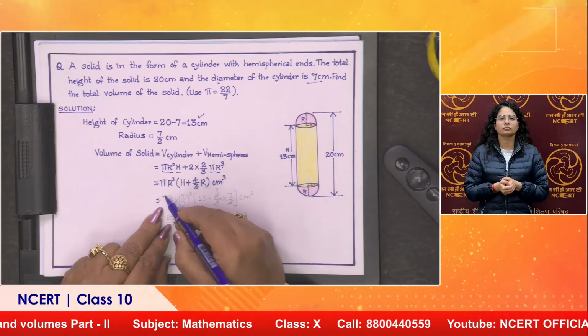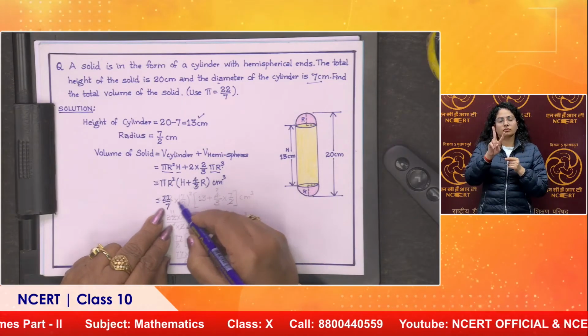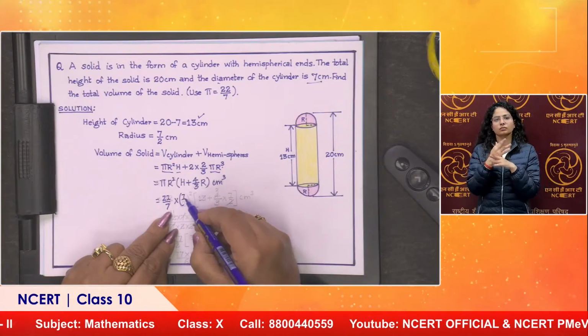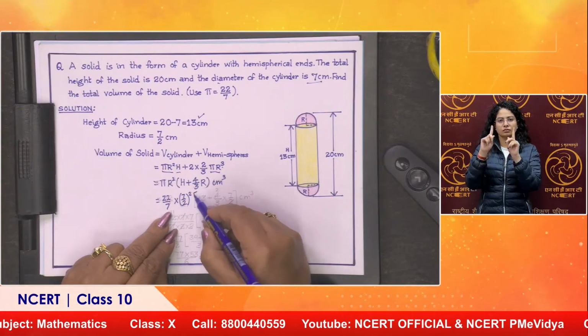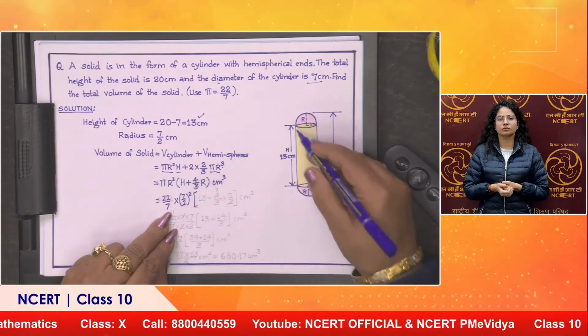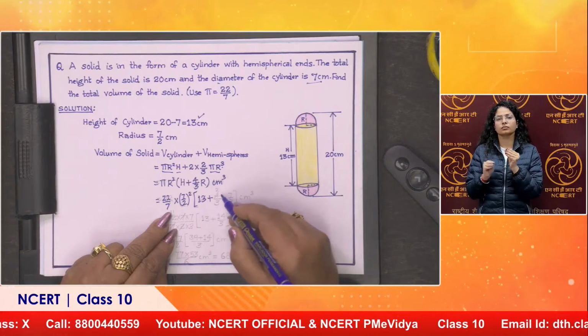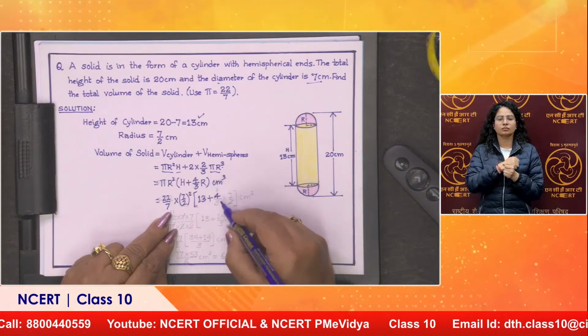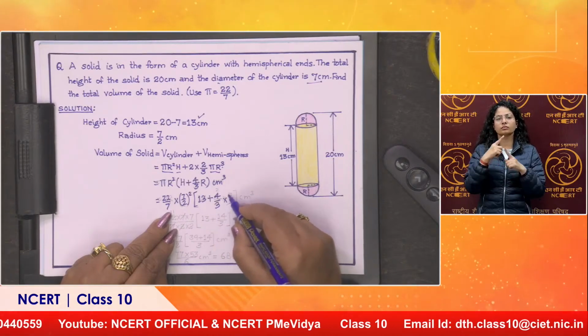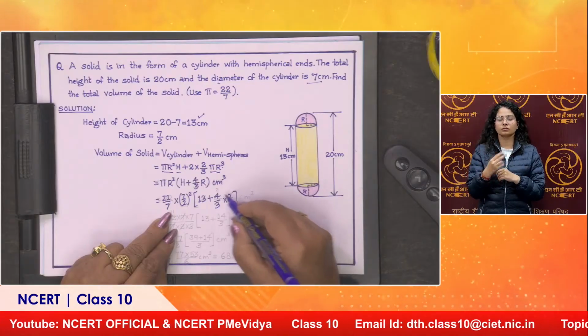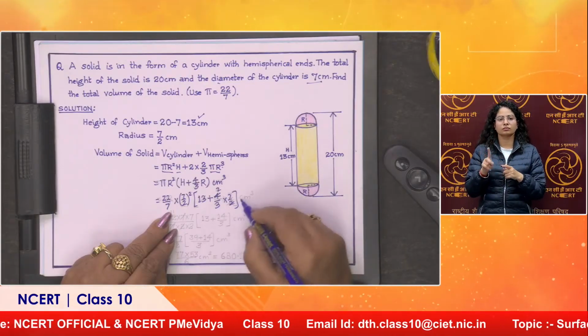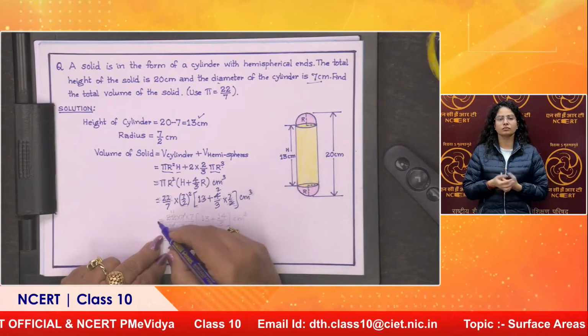What is the value of pi? 22 upon 7. What is r? It is 7 upon 2 whole square. And what is the height here? Height of cylinder is 13 plus 4 upon 3 into 7 upon 2. 2 ones are and 2 twos are. Okay. This on calculation will give me how much?